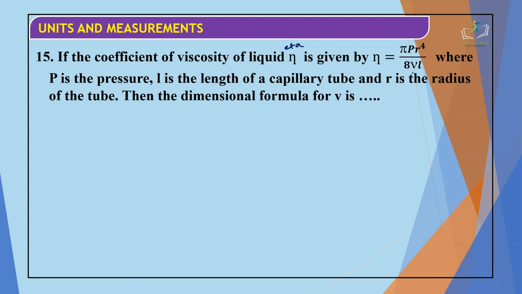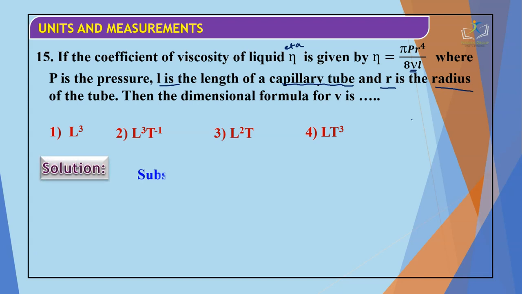We have to calculate this value, where P is the pressure, V is the volume flow, l is the length of the capillary tube, and r is the radius of the tube, and we have to find the dimensional formula. The options are L Q, L3 T minus 1, L2 T and L T Q. We have to calculate what V actually is.